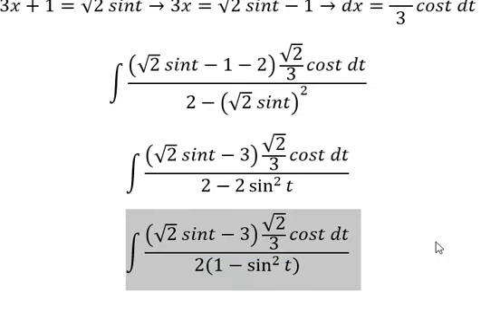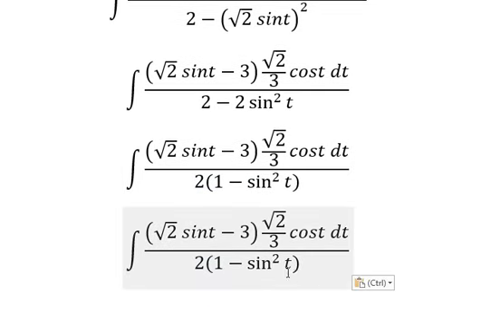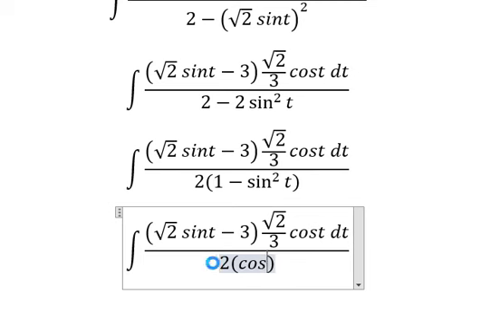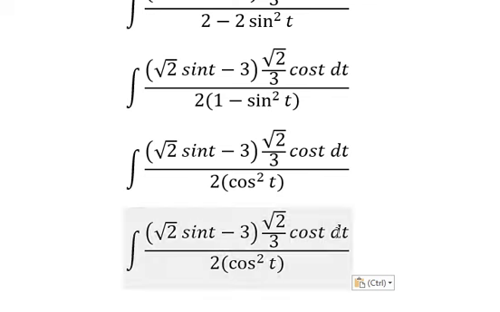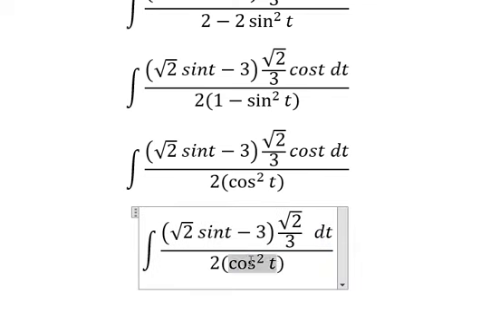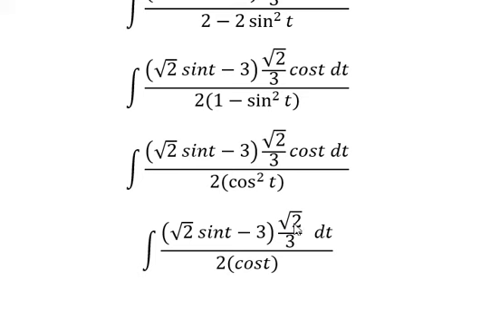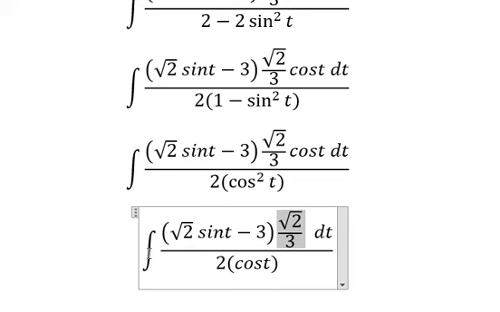One minus sine t squared, we change for cosine t squared. Cosine t, we simplify. So the square root of number 2 over 3 with number 2, we have the square root of number 2 over 6.